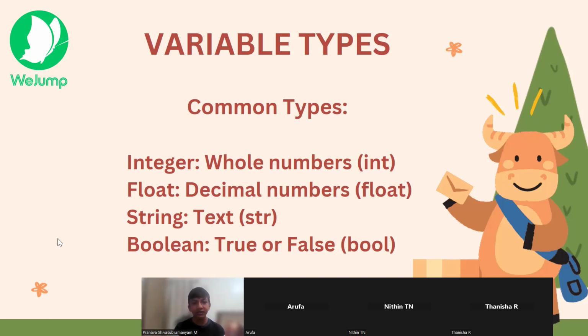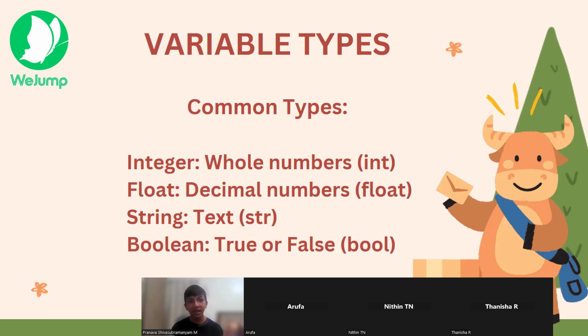And next is float. Float contains decimal numbers, like 0.1, 1.123456, it goes on. So float types store decimal numbers. And string stores text.